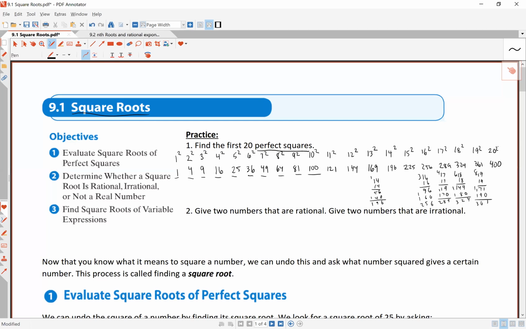And there's the list of our first 20 perfect squares. These are the numbers that we like to take square roots of.